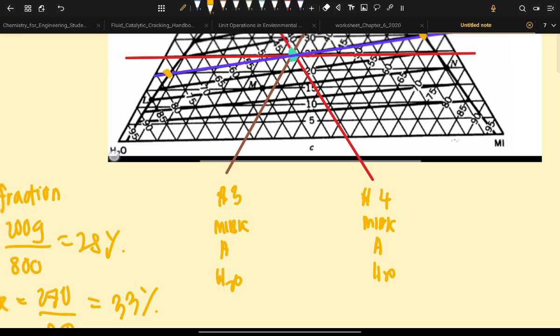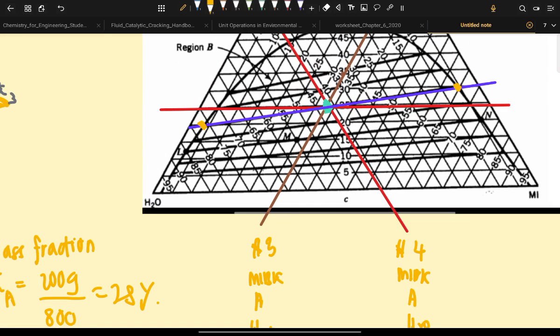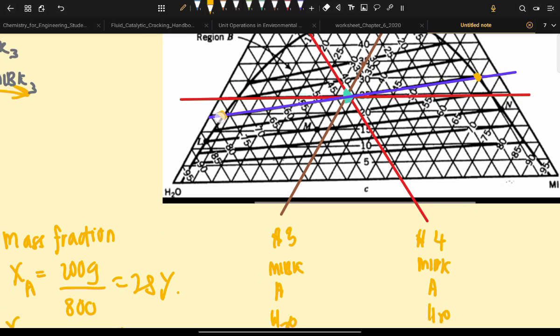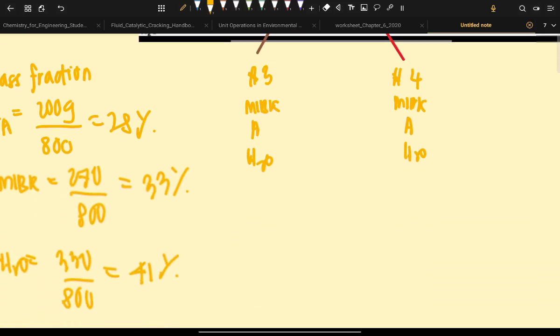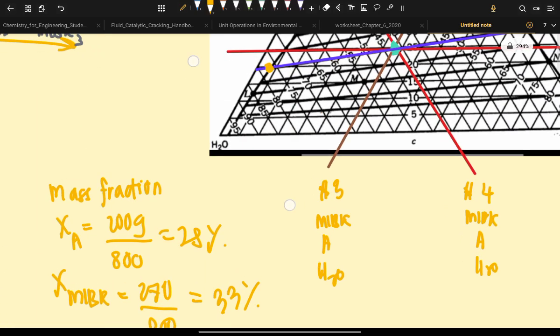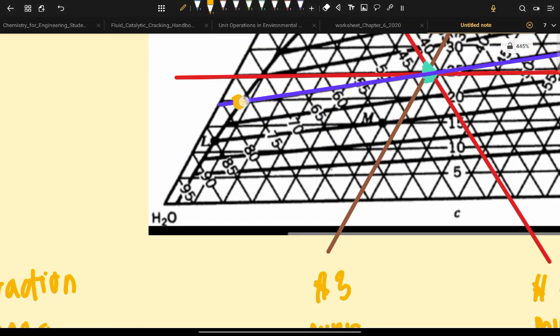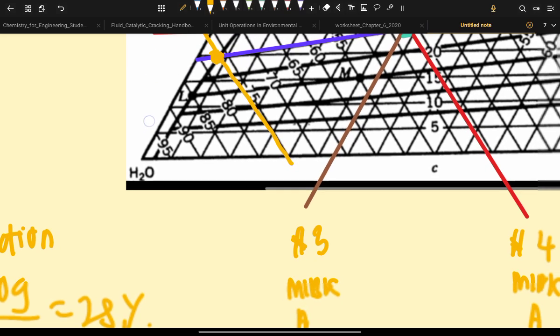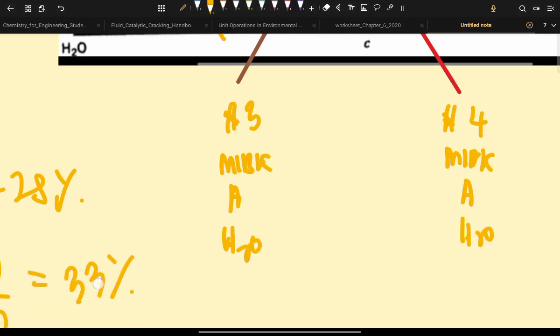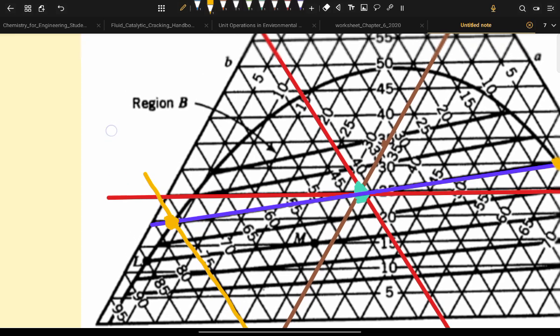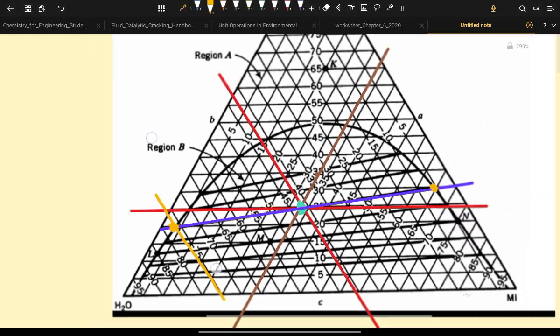So I will show one of it, using this point, so you can look at it properly. First, what I got here is something around this, which is 75% of H2O. And then I want to find the MIBK, which is 5% here.